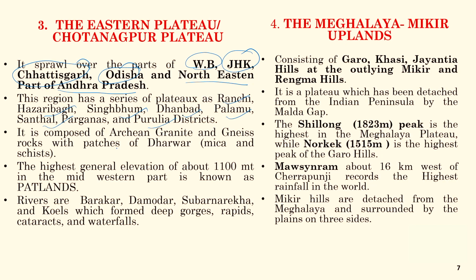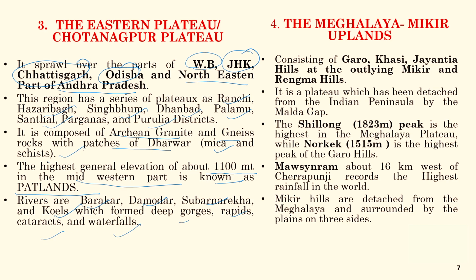It is composed of Archean granite, one of the oldest, gneiss, and rock with patches of the Dharwar system, for example mica and schist. The highest general elevation is about 1100 meters in the mid-western part, known as the Patlands. Rivers are Barakar, Damodar, Subarnarekha, and Koel, which form deep gorges, rapids, cataracts and waterfalls in their course.